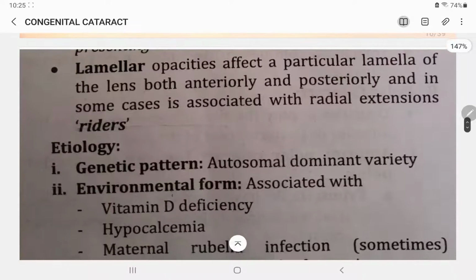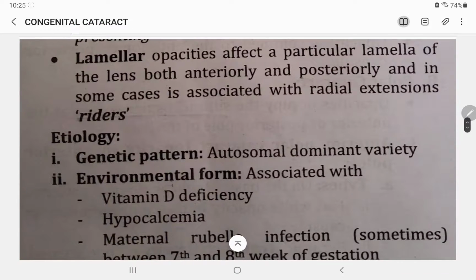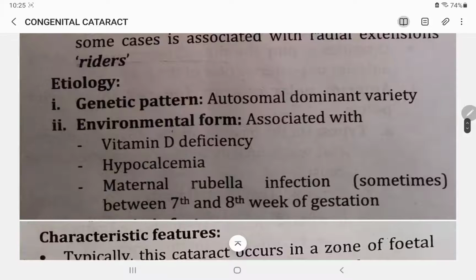Now let's read what's written here. Lamellar opacities affect particularly the lamella of the lens, both anteriorly or posteriorly, and in some cases it is associated with a radial extension, known as riders, just discussed above. So what causes the zonal or lamellar cataract? This is autosomal dominant.